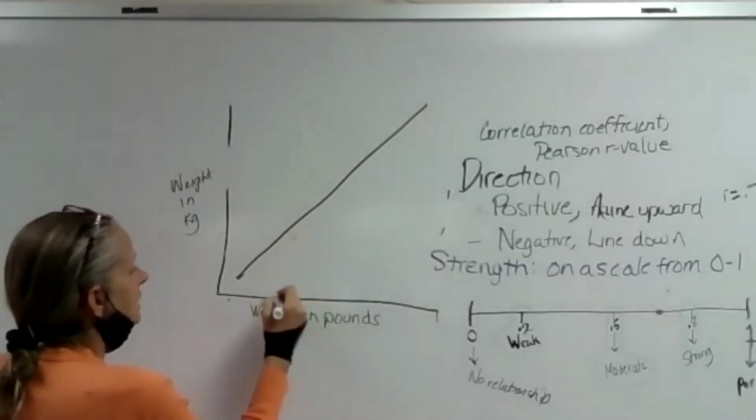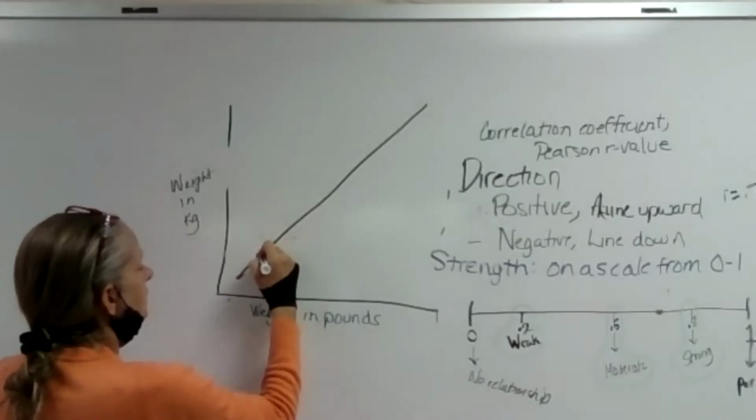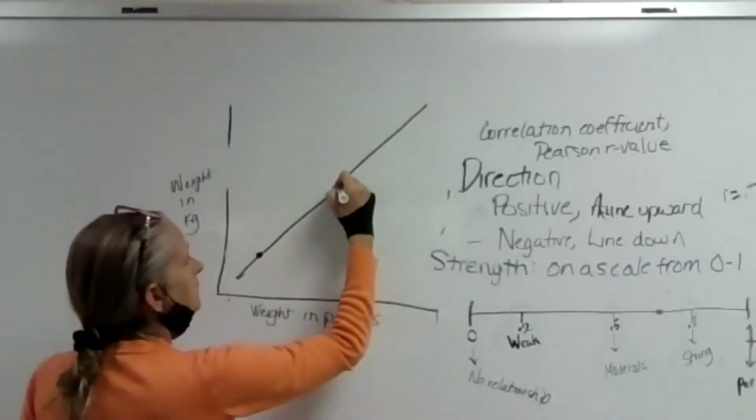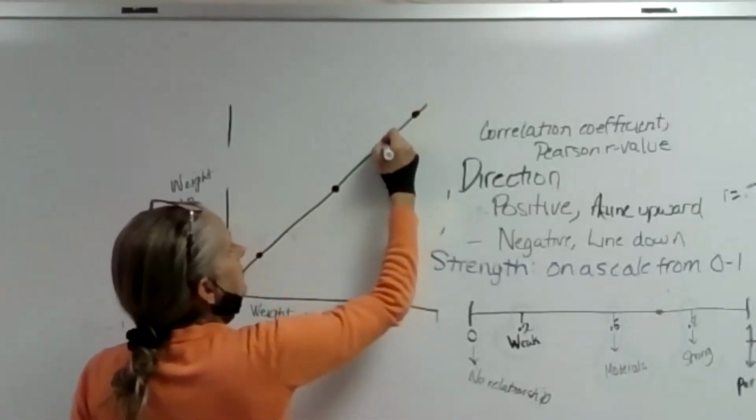If you weigh 100 pounds, your point would be right here. If you weigh 200 pounds, your point would be here. Every point would be right on the line.